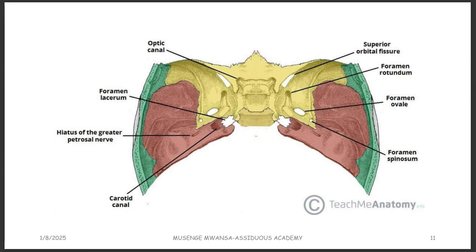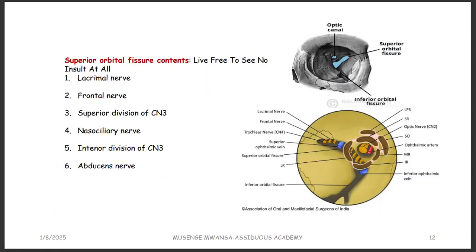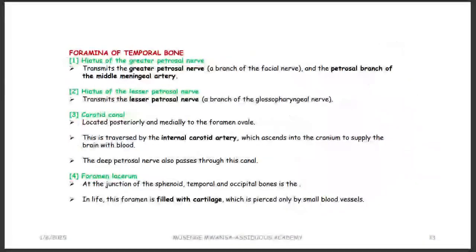Okay, so this is the carotid canal that you can see here. The carotid canal is going to be for the internal carotid, because it's the one that goes to supply blood to all the contents that are inside the head and the neck. So that's the internal carotid.